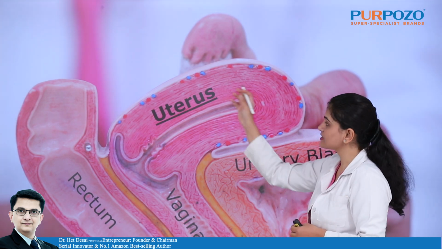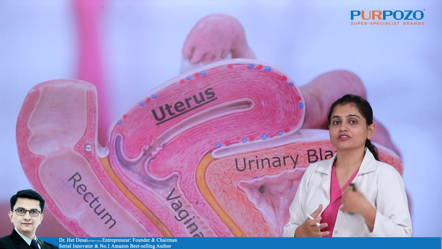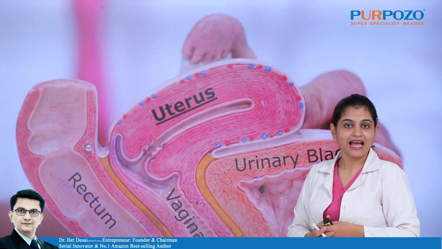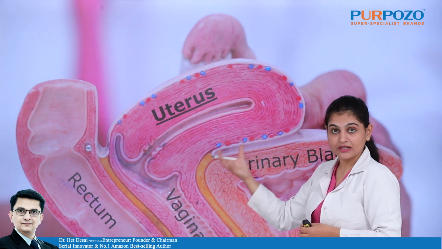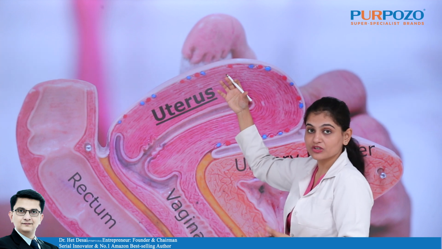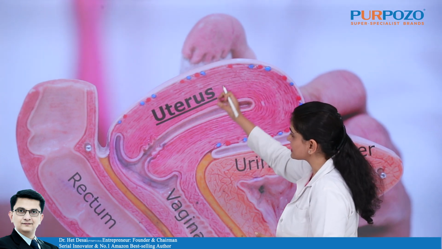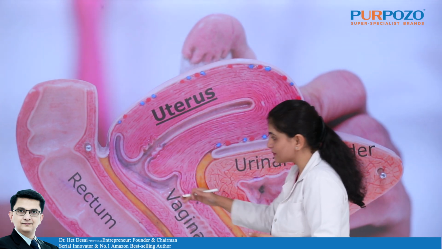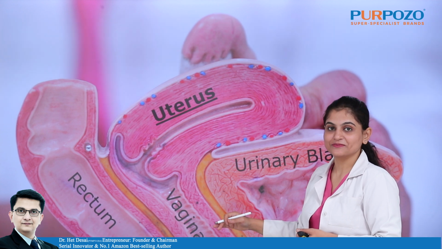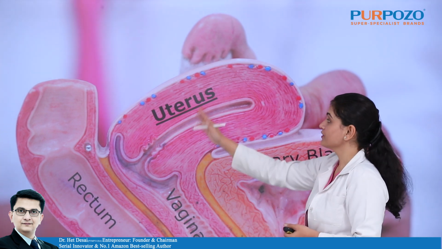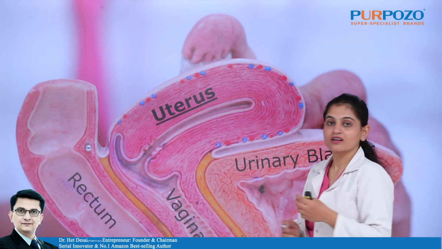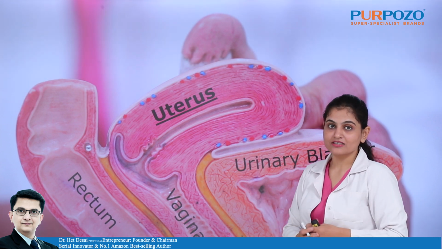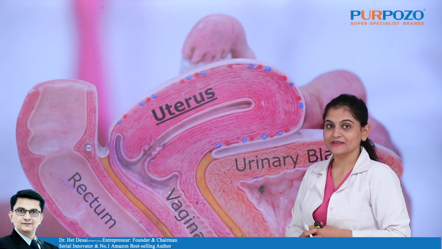Also, the uterus contracts during pregnancy for the preparatory phase, and during childbirth, if it is through vaginal delivery, to push the baby out into the world. So, the uterus contracts during different phases.